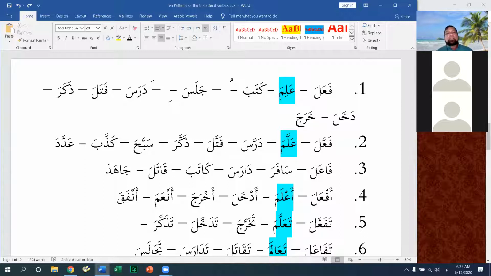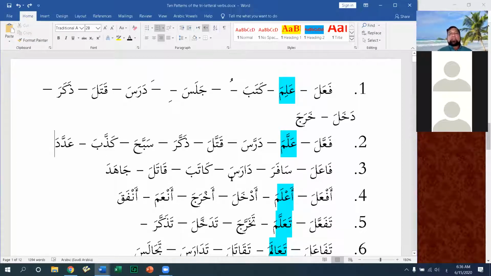Qattala, muqattilun, muqattalun, taqtilun. تقتيل. ذكر، مذكر، تذكير. سبح، مسبح، تسبيح. كذب، مكذب، تكذيب. عدد، معدد، تعديد.